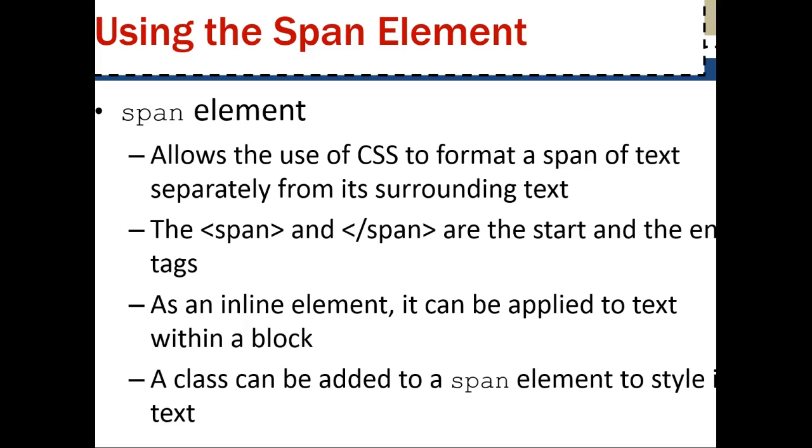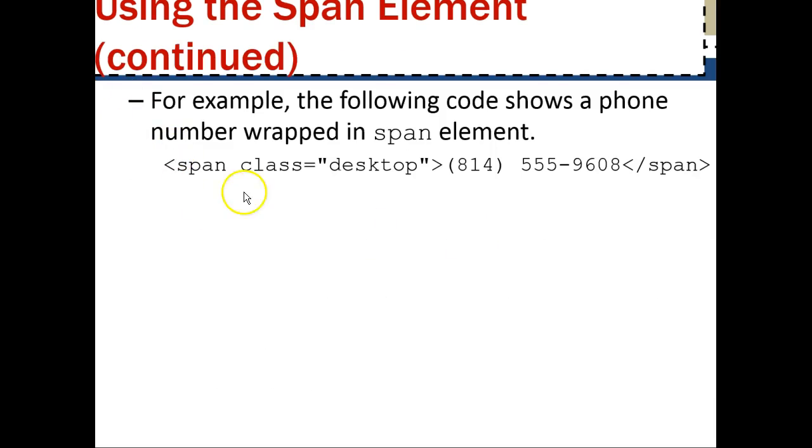A class can be added to a span element to style its text. For instance, we can use span class desktop, then show whatever content we want to show, and then close the span tag. This is the example here.